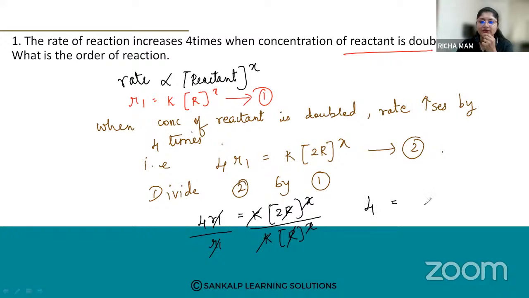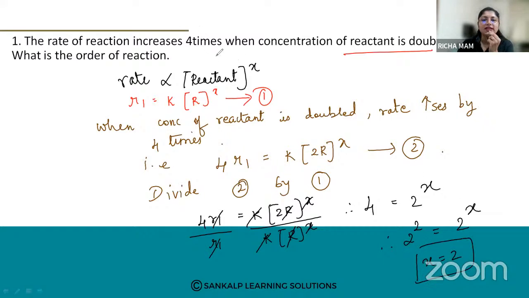So it is 4 equals 2 raised to X, right? 4 is nothing but 2 into 2, 2 squared. So 2 is equal to X. So X is equal to 2. Yes, the order of reaction is 2.